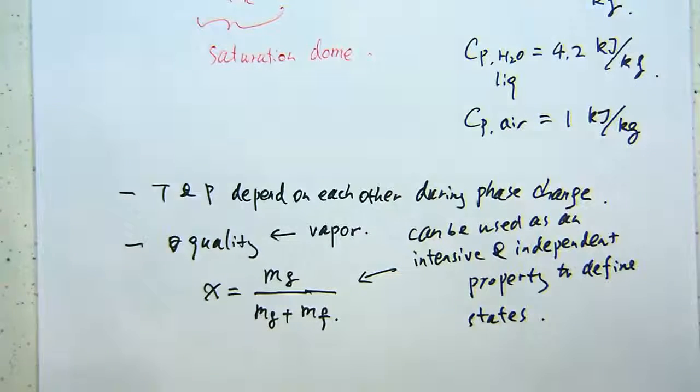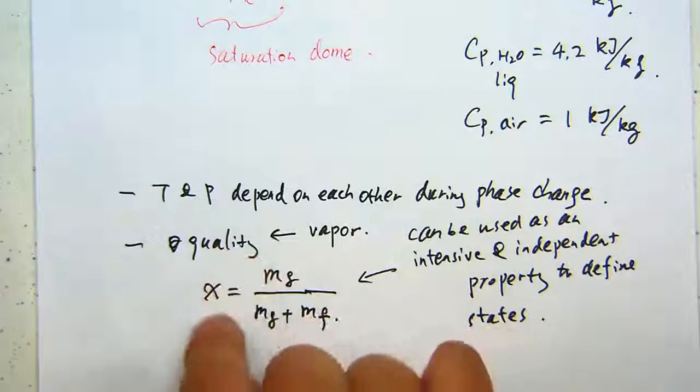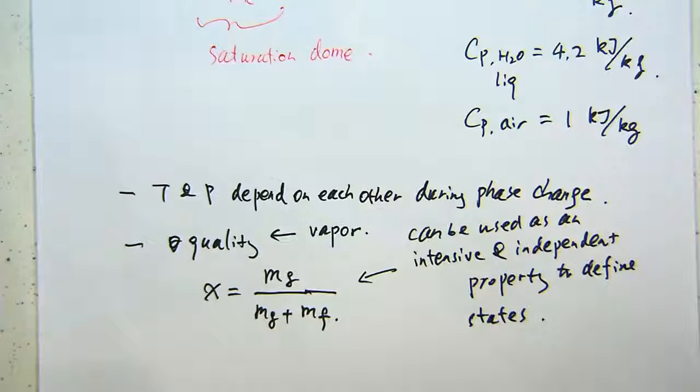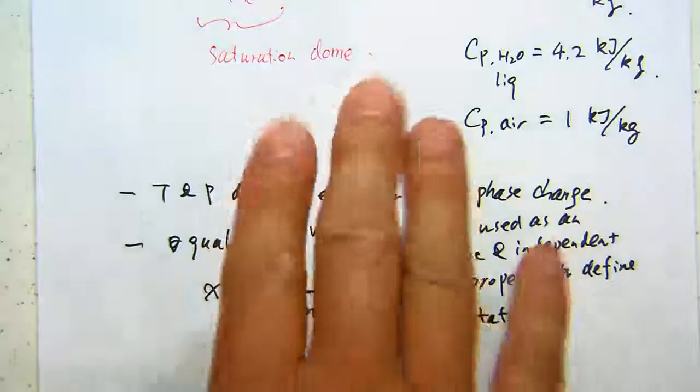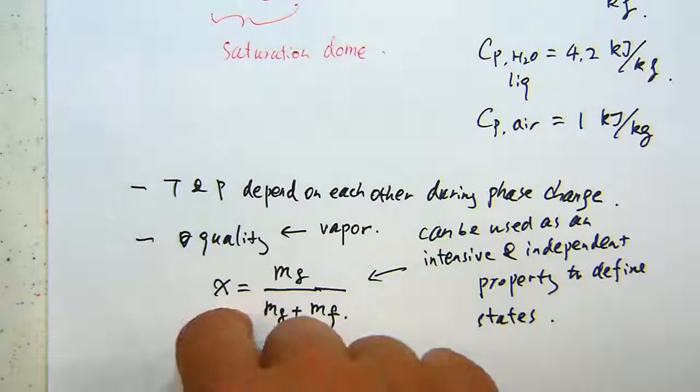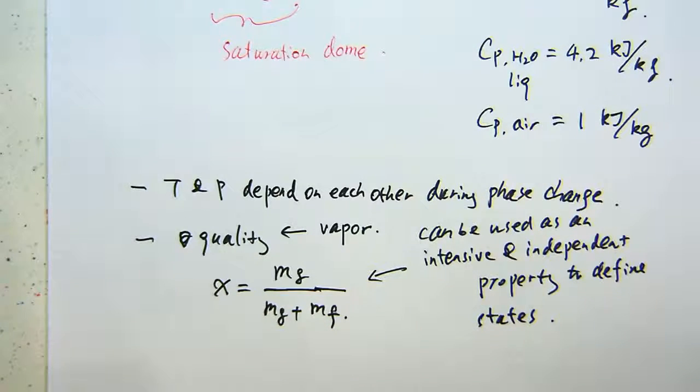So in other words, if the problem tells you X, or you calculate X, that's one of the intensive independent properties already known for the state. And if you know the other intensive property independent of X, then the state of the system is fixed. All right? So this is actually an often used property for defining state when we are dealing with vapor cycles.